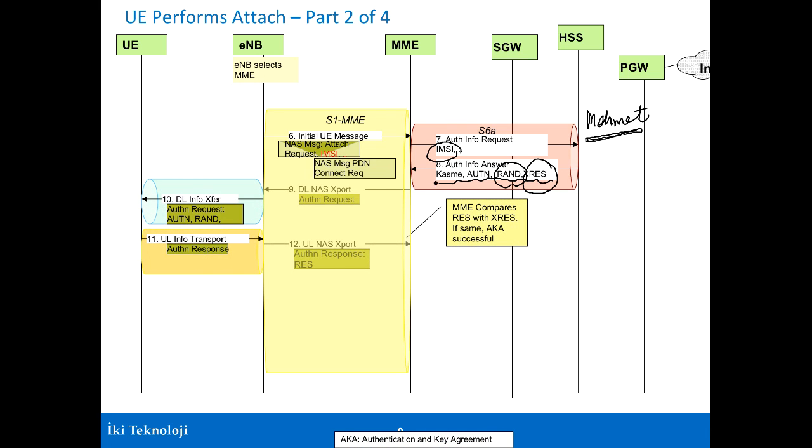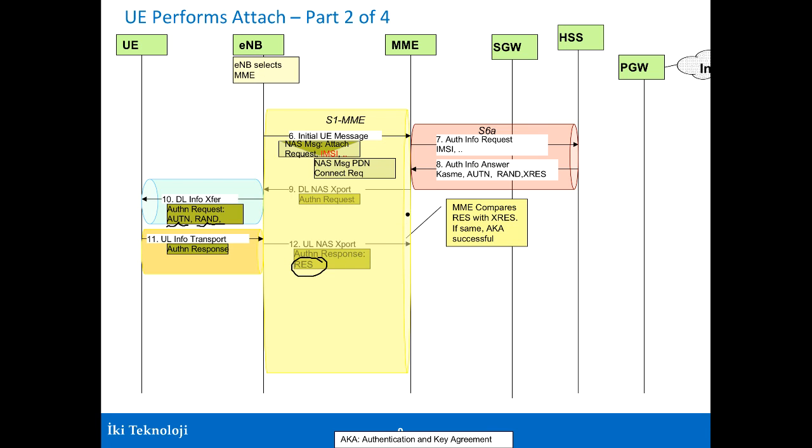So once this message comes back, the MME goes ahead and sends this authentication request message, with an authentication token that had come in from the HSS, and also this random value which we mentioned. The UE processes this information and sends back an authentication response that includes a value RES.